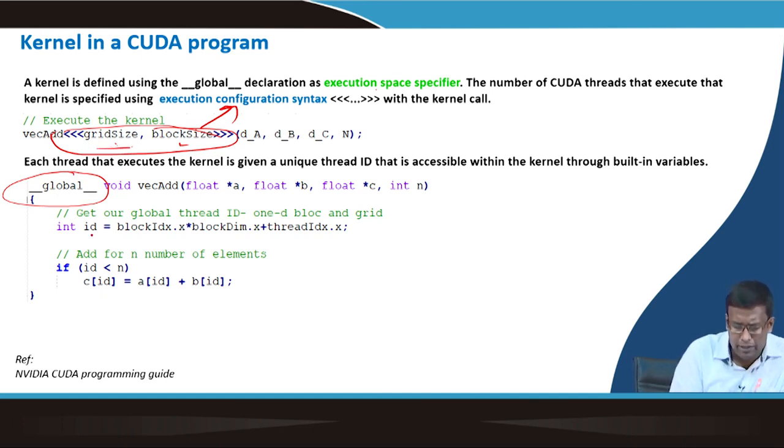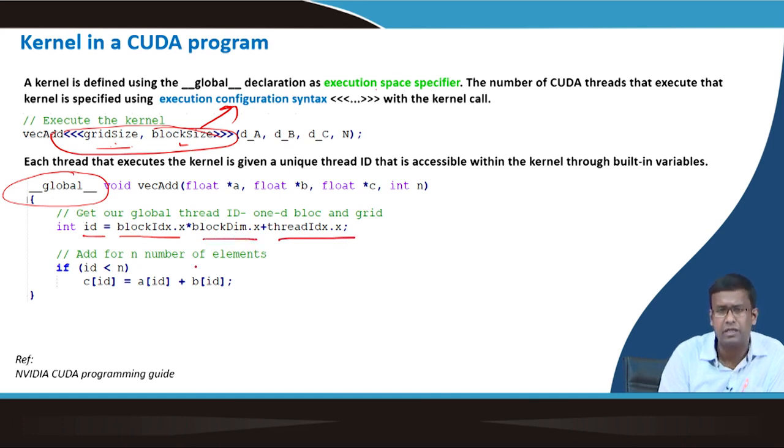Based on that, it finds the global thread ID, which is obtained via the ID of the block, the ID of the thread, and the dimension of the block. Dimension is the total number of threads in the block. Then, based on the particular thread ID, a thread operates on a certain part of the memory allocation of the C vector. That is it.